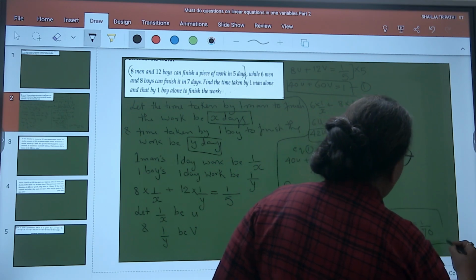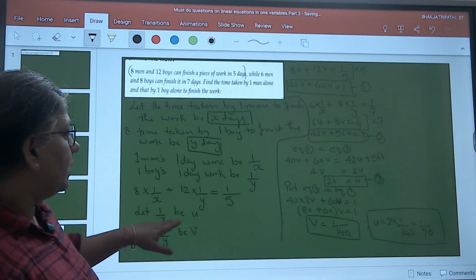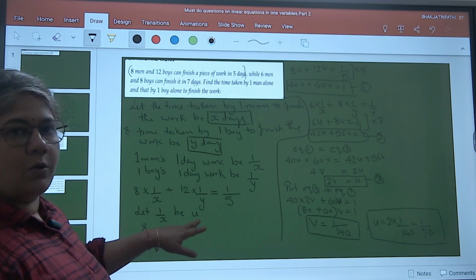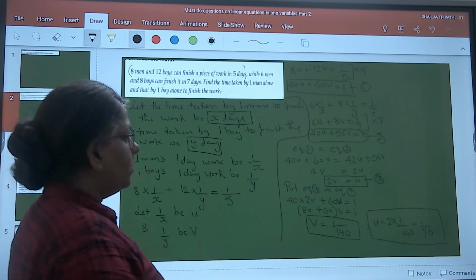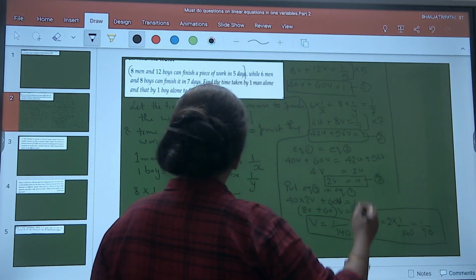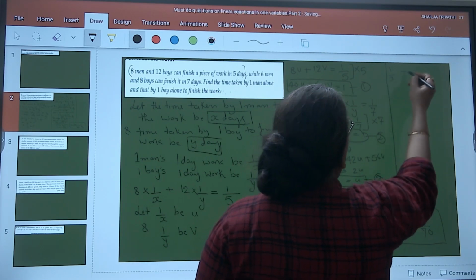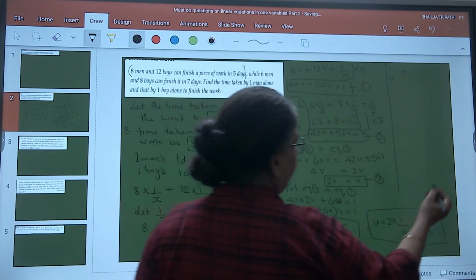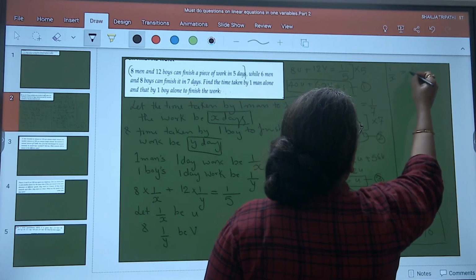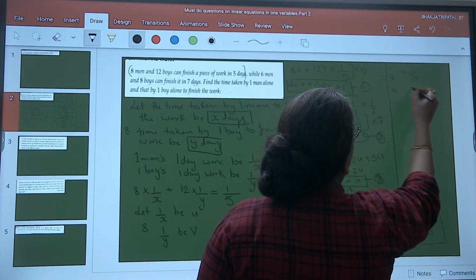So this is the value of u and v, and 1 upon x is equal to u. So now I'll write it here. Since 1 upon x is equal to u, that is 1 upon 70. That is x is equal to 70.